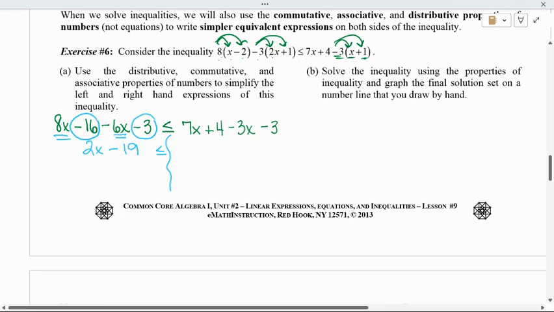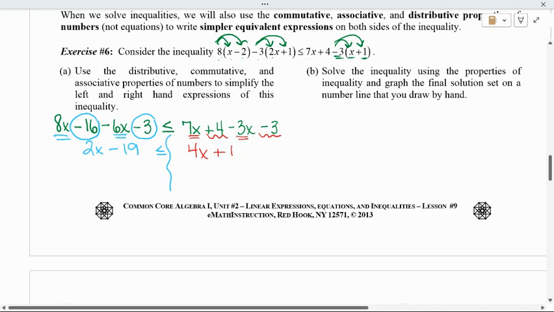Sorry, did I say 13? Oh, sorry. Negative 16 and negative 3 give me negative 19. Let's combine on the right side. 7x and negative 3x equals 4x. And a positive 4 and a negative 3 end up giving me a positive 1.